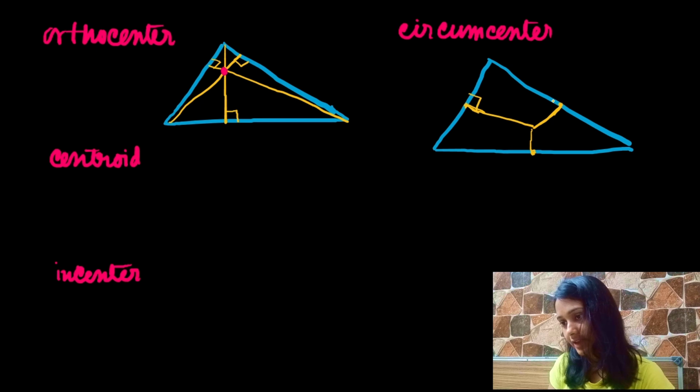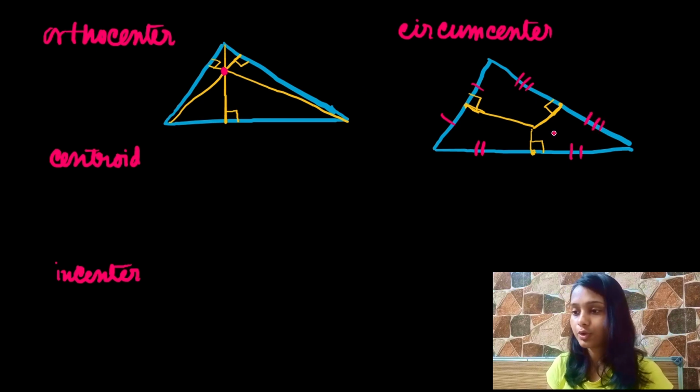So this is 90, this is 90, this is 90, and also these are equal, these are equal, these are equal, and these are equal. So these perpendicular bisectors meet at a point, and the intersection of those perpendicular bisectors is the circumcenter, and this circumcenter is also the center of the circumcircle, the circle that passes through the 3 points of the triangle.